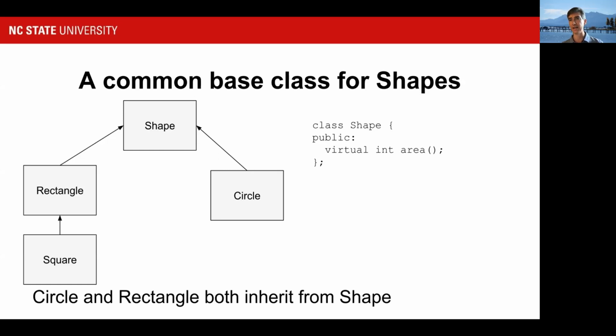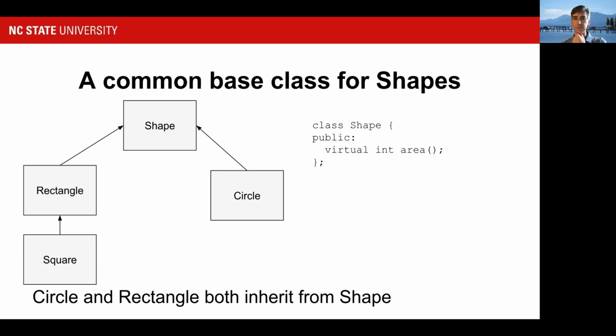So that if we have a bunch of shapes in an array or a list, I could invoke the area function on any of those shapes to find out how much area all of the shapes in that list were taking up, or something like that, right? And because it's a virtual function, if I call the area function on anything that is a shape, it will actually call the overridden function in the derived class, right? So that'd be a pretty neat thing to have.